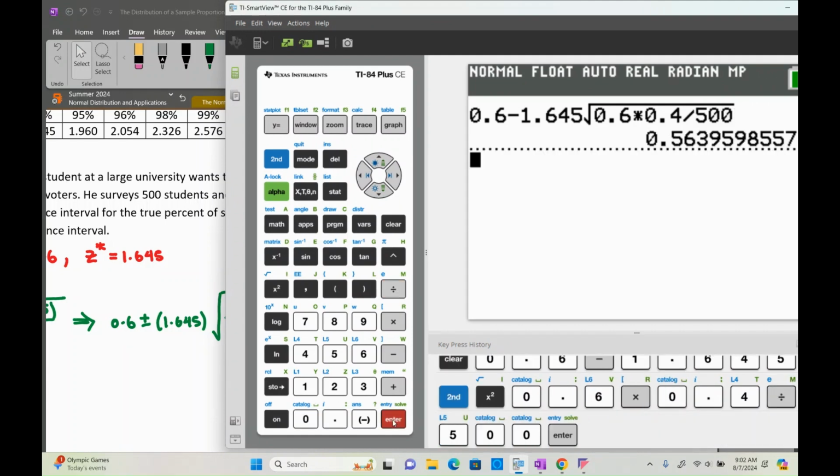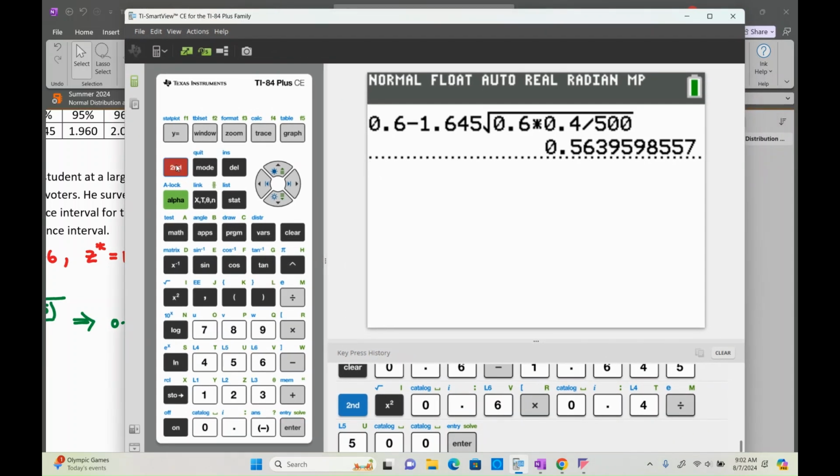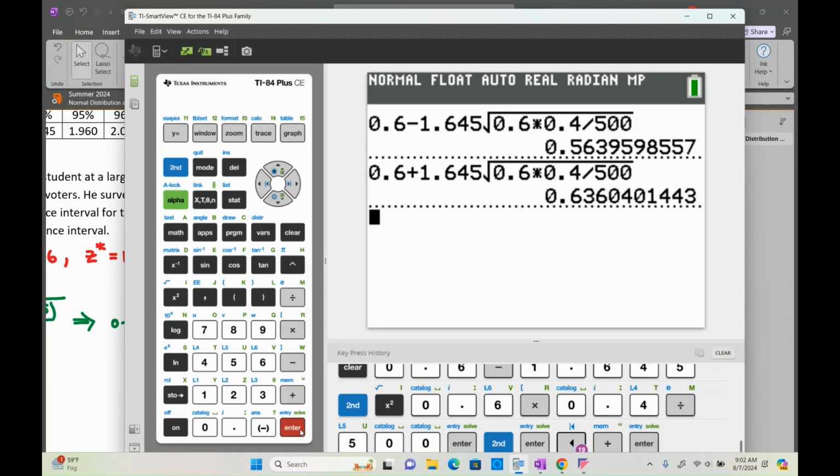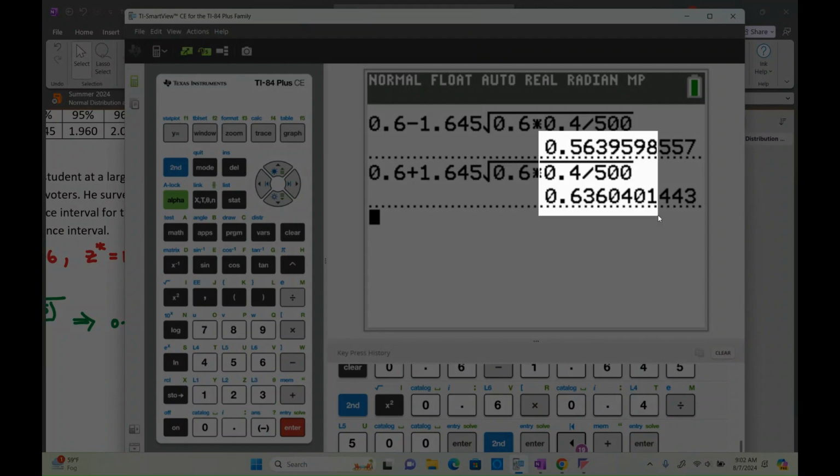There we go. If we want to get the upper bound really fast, we can just hit second and enter here, and then arrow over and change that subtraction to addition. There we go. We have our upper and lower bound. I'm going to copy those over.